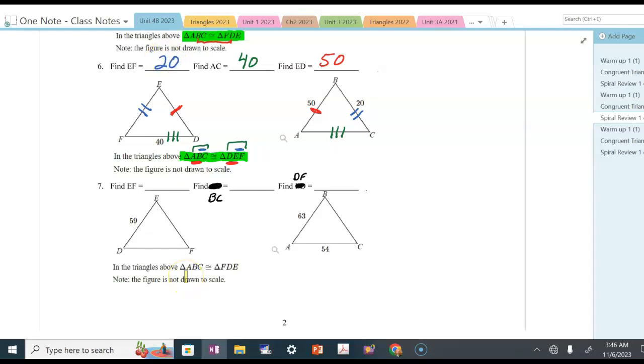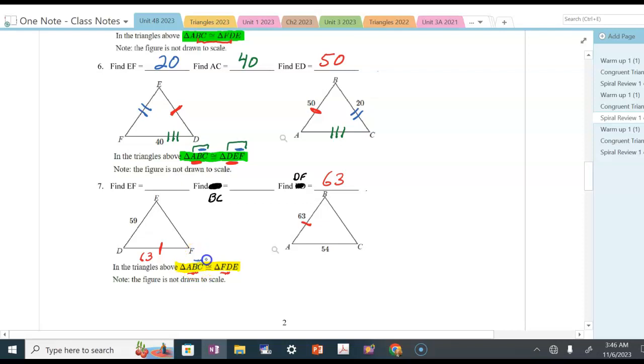Let's take a look at problem number 7. Triangle ABC is congruent to triangle FDE. So AB goes with FD. So AB and FD are the same. So that's 63. That's the same as DF.